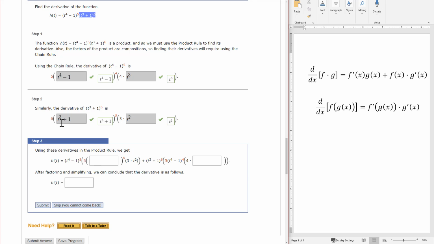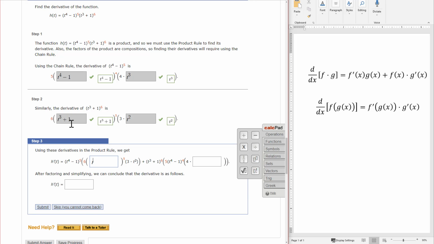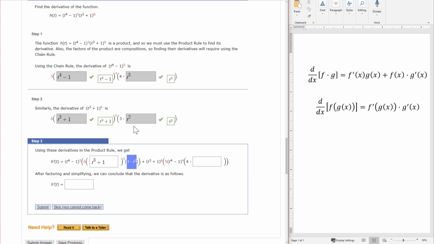We have 6 times the inside here, so that's t cubed plus 1 raised to the fifth power times the derivative of the inside, which is 3t squared. We have that already.